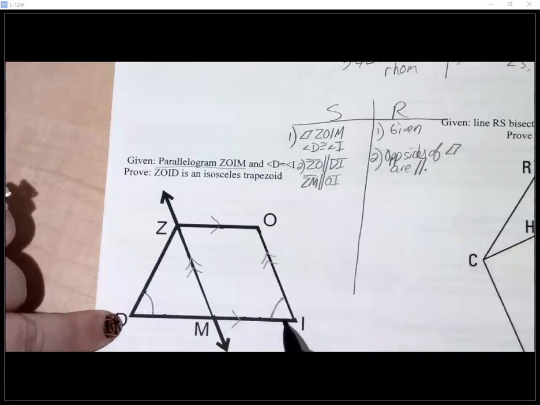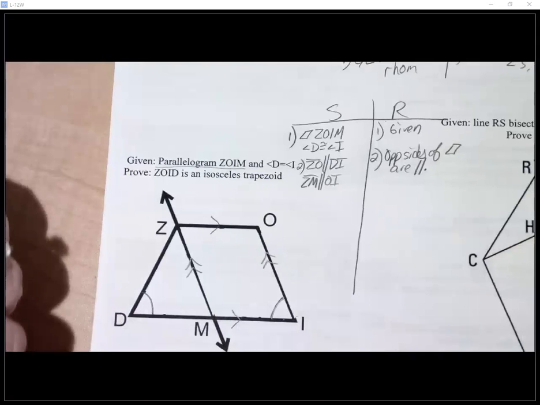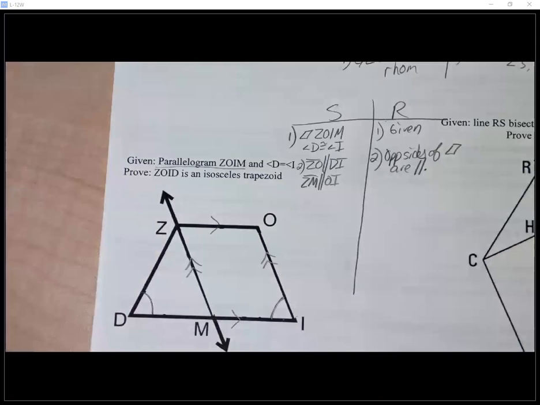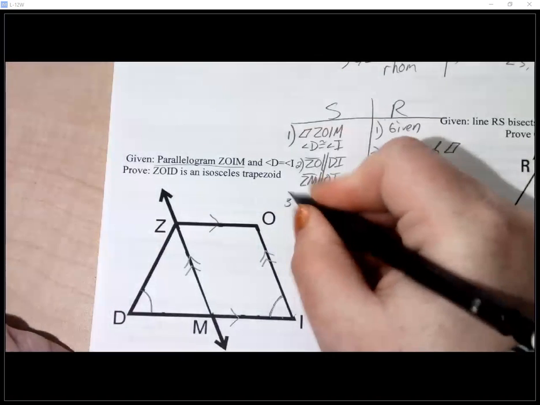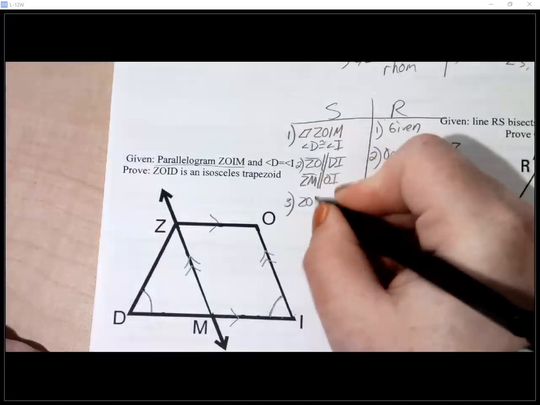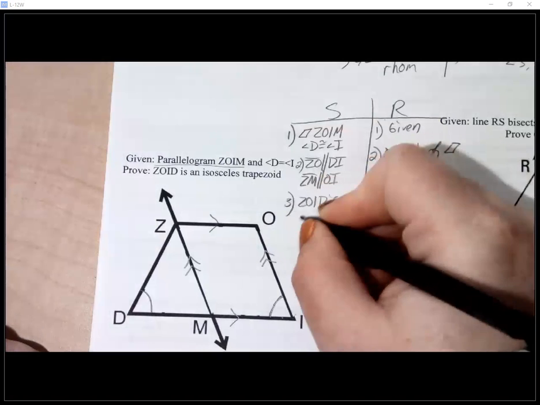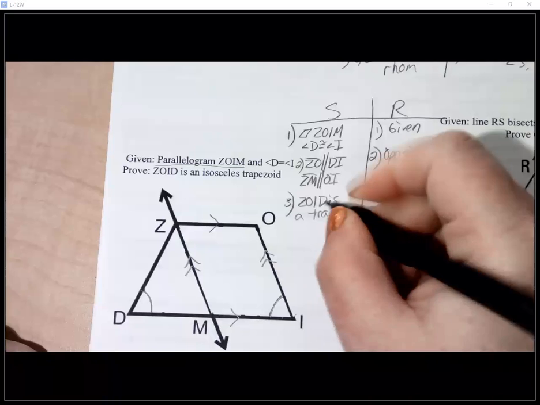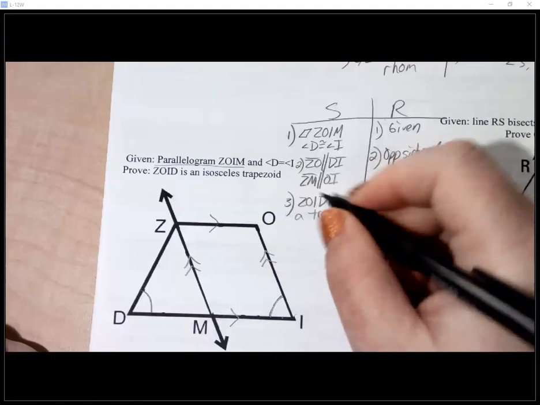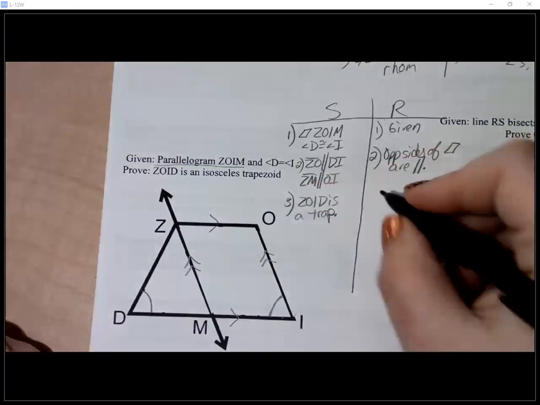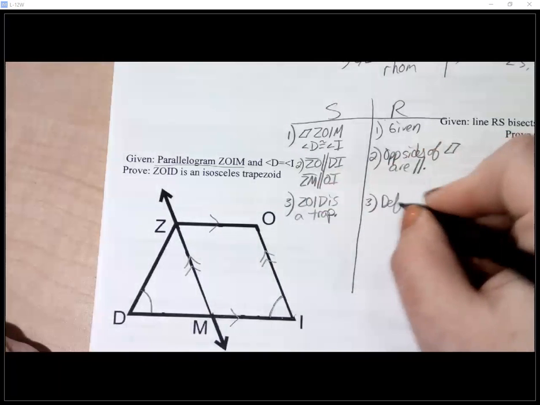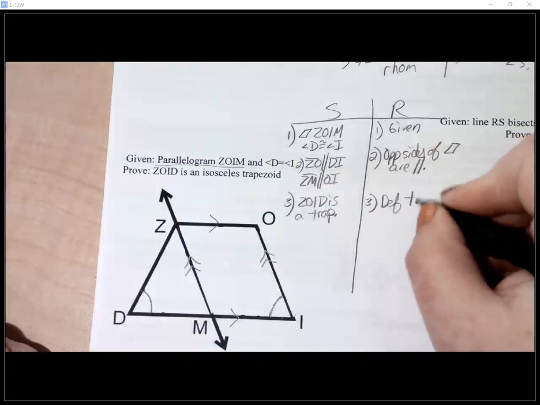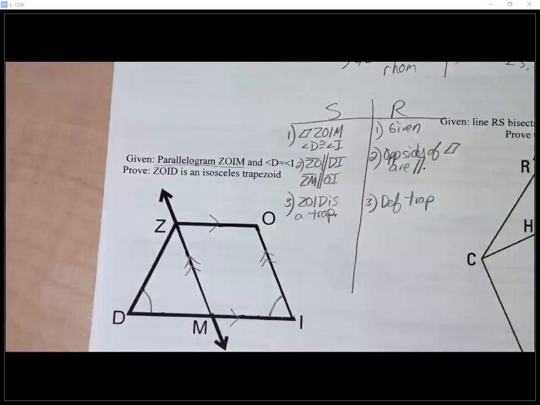You don't have to do anything special. So ZOID is a trapezoid. Did I say parallelogram? I didn't mean to. Erase that from your brain. It's a trapezoid. How do I know? I've satisfied the definition of trapezoid. I have a pair of parallel sides.